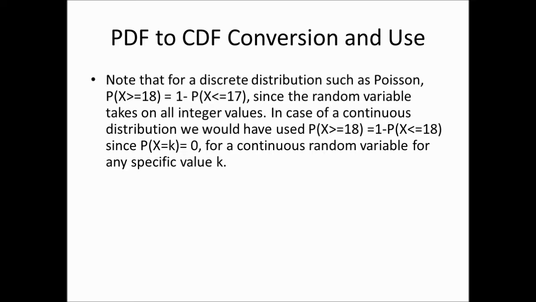Had it been a continuous distribution, we would have written probability X greater than or equal to 18 as 1 minus probability X less than or equal to 18. Because for a continuous distribution, the probability that the random variable takes a specific value is equal to 0.